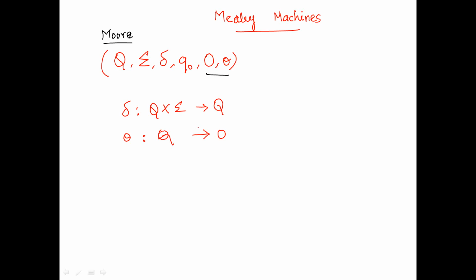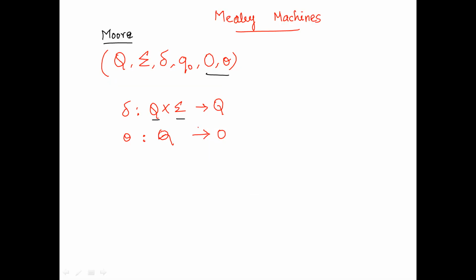In a Moore machine, the transition function is the same as DFA. It depends upon the current state and the current input symbol, and decides the next state. Whereas the output function depends only on the current state. It doesn't depend on the input symbol.